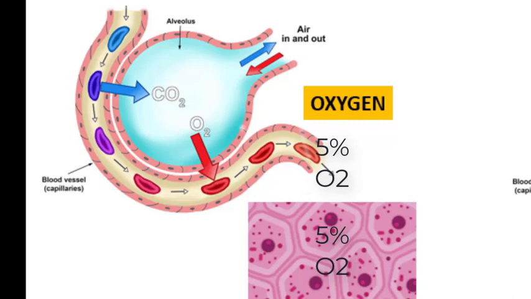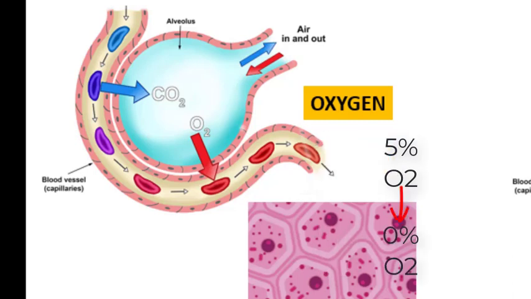At the next cell, it would be 2.5% and 2.5%, and at the next cell lower and lower. But remember that more oxygenated blood is flowing along, keeping these cells constantly refueled with oxygen. But the blood ends up drained of its oxygen as it returns back to the heart and lungs.